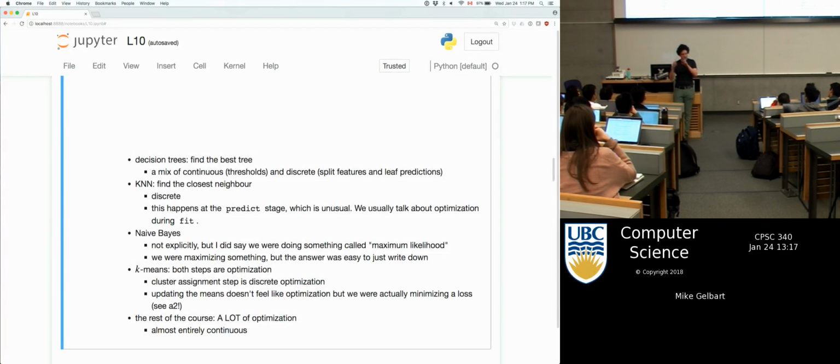And then I had this little note in the corner that said, by the way, this is something called maximum likelihood, which we'll talk about later in the course. So in fact, there is a maximizing happening there as well, but the answer is just very easy, and you could just kind of write down the answer and not really think about the fact that you are optimizing anything. But even with naive Bayes, that connection exists.